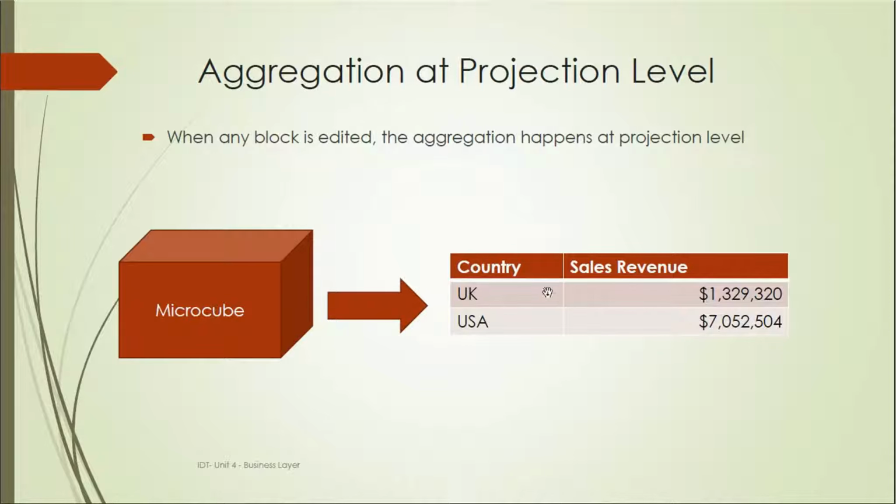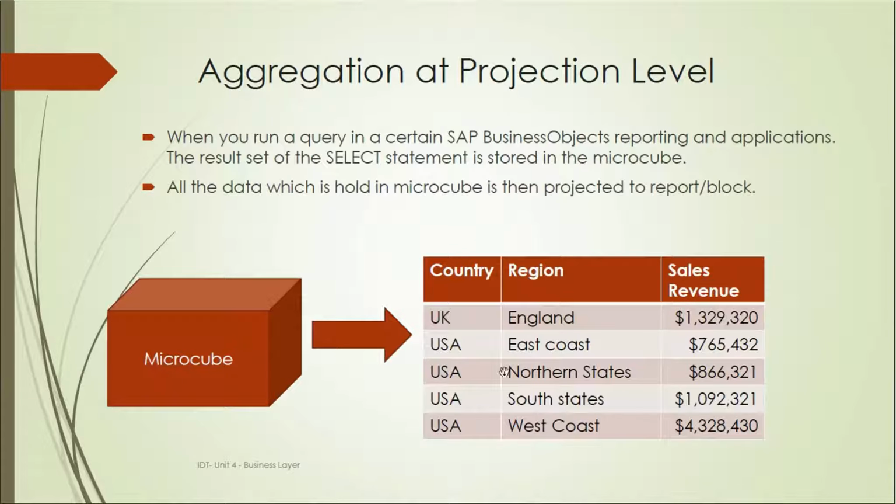Then the projection changes. Whatever the total value is for UK is displayed here, and for USA it is displayed here. This is the total across all these four rows.